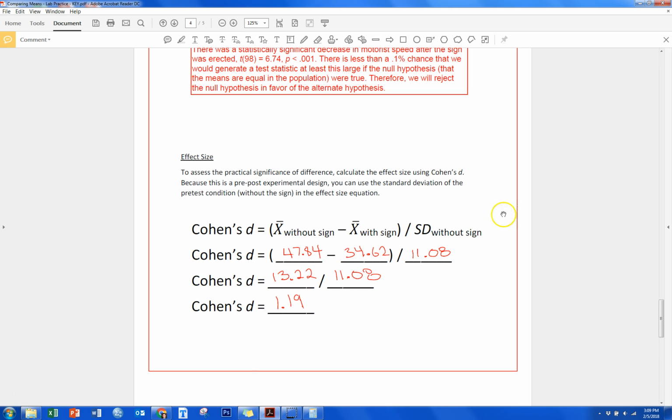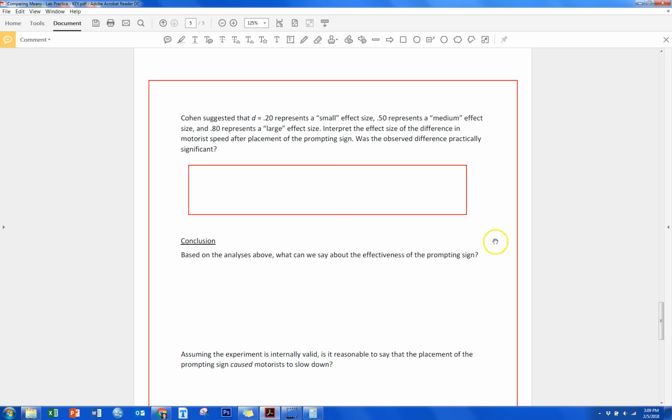Okay, so 1.19. The effect size of the decrease in motorist speed was 1.19 based on Cohen's criteria. This represented a very large effect, right?